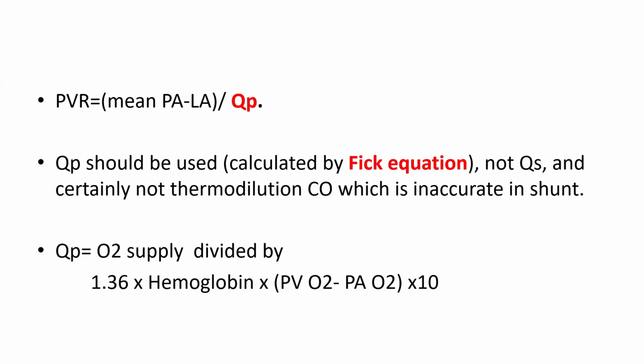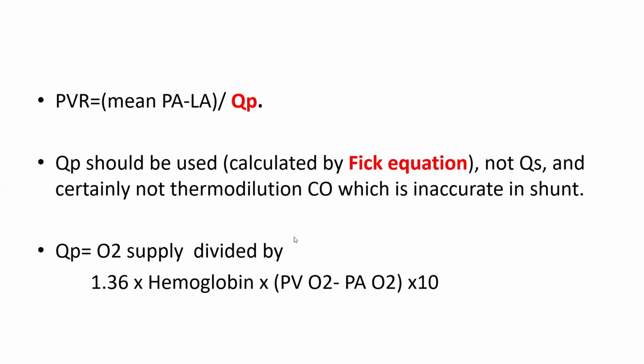This is rarely done in any lab in the US. We use the assumed equation, which plugs in here, for example, 125 milliliter per minute per meter square of body surface area.